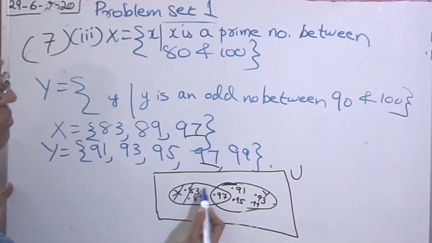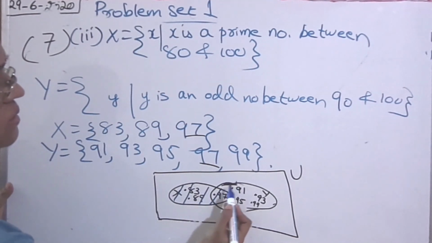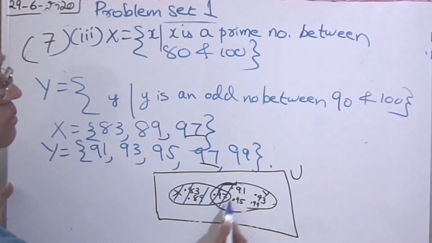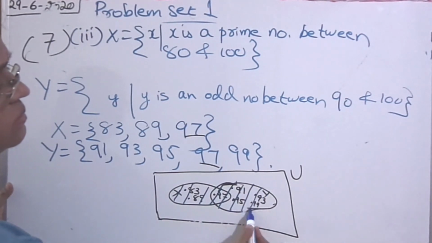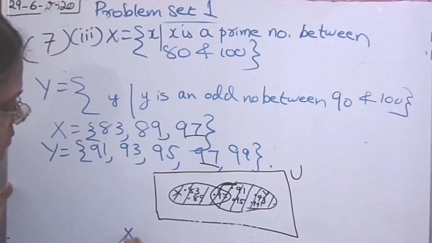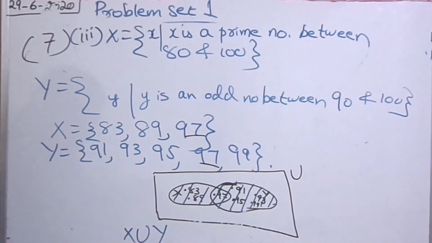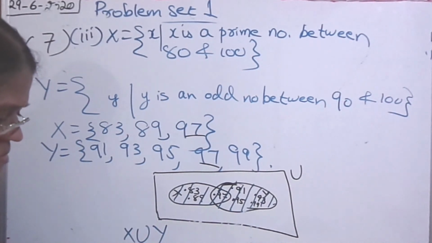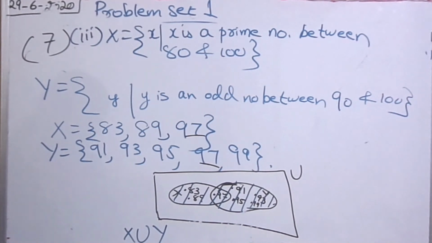This is X union Y. So we have shaded X union Y. That's all.